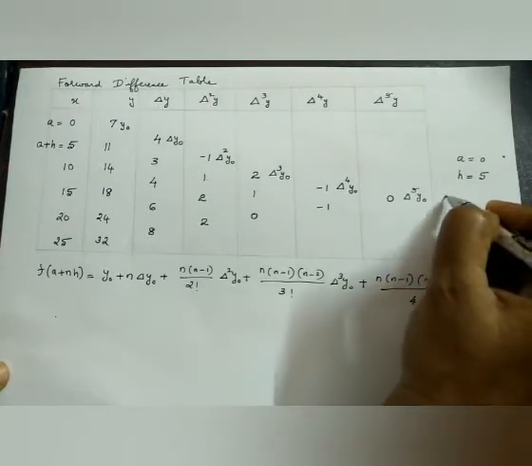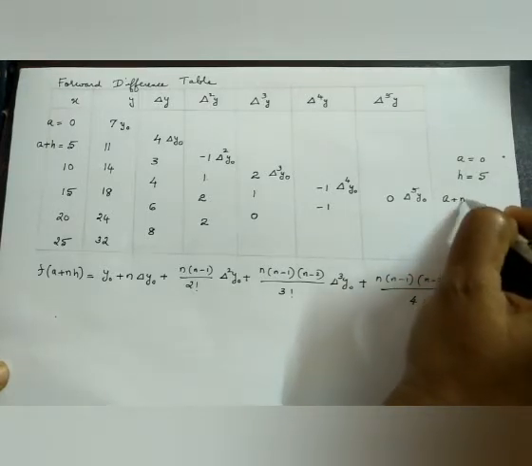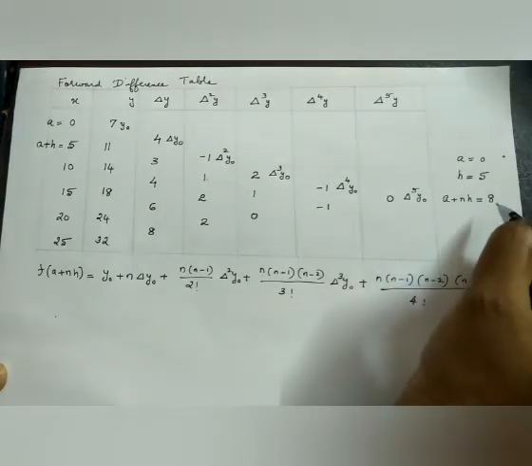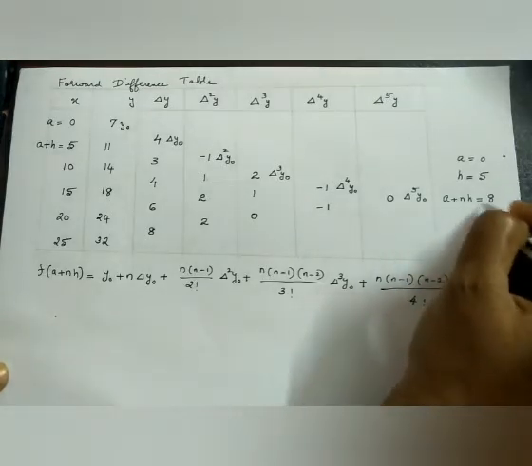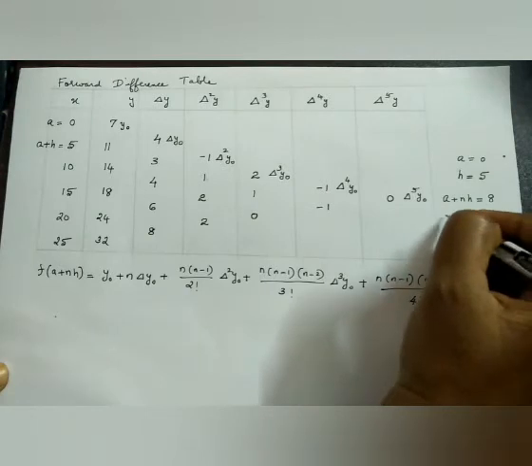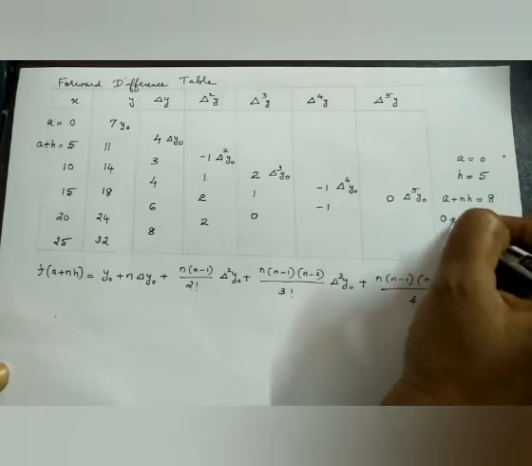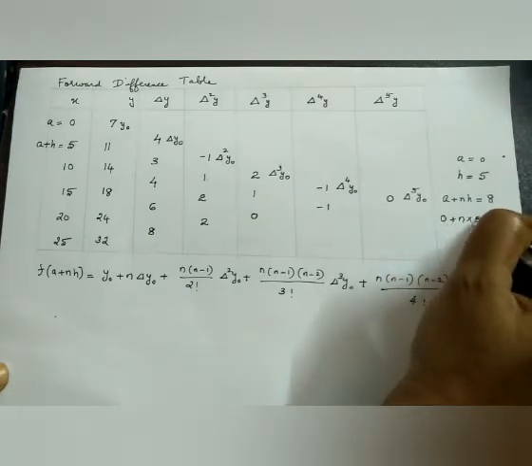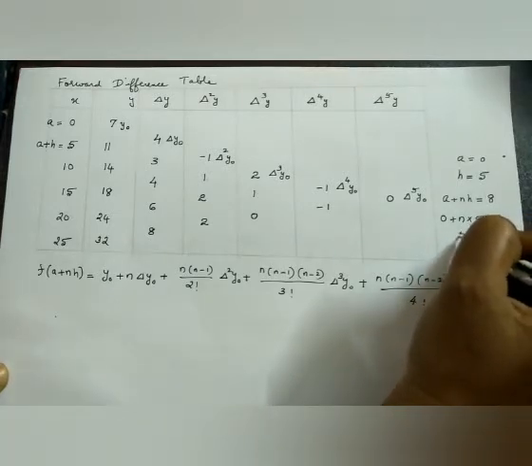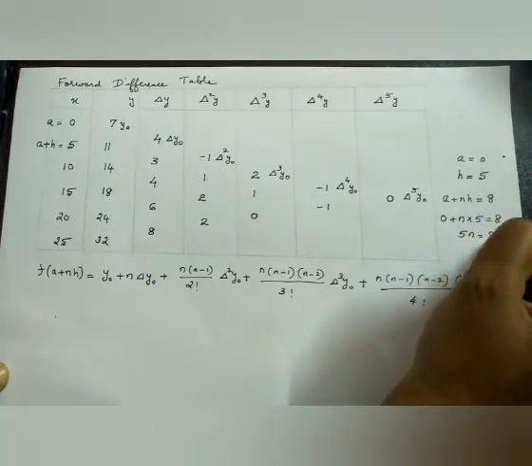Now we want to find out a plus nh, and it is given as 8, isn't it? Therefore we can find out the value of n from this. Here a is given and h we already know. Therefore 0 plus n into 5 equal to 8, or 5n is equal to 8, or n is equal to 8 by 5.